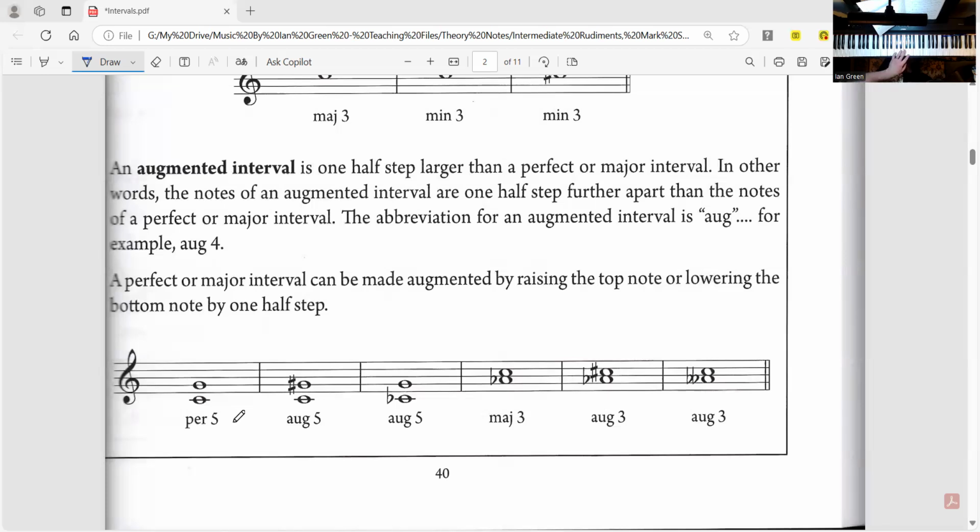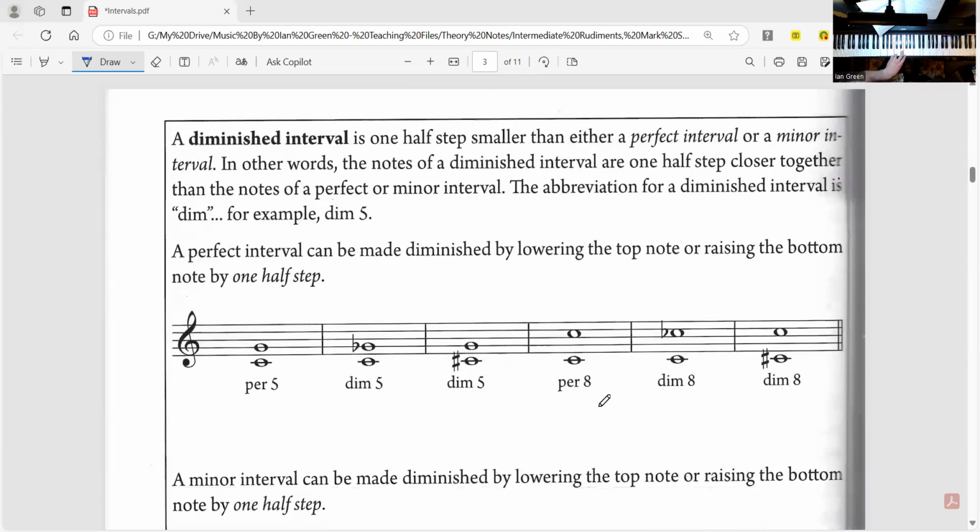So if, let's say, we have a perfect fifth from C up to G, if you want to create an augmented fifth, we would write C to G sharp because we're taking that space between those two specific note names and making it a half step larger. And let's say we want to do a major third above C to E. But if you go up a half step, we would go from C to E sharp.